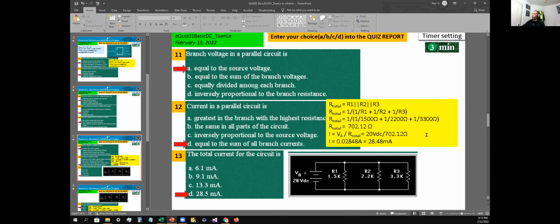Your R total comes to 702.12 ohms. And then I equals VA divided by R total. So 20 volt divided by 702.12 ohms. That yields 0.02848 amps. Or convert that to milliamps is 28.48 milliamps. So the answer is D as in David for number 13.